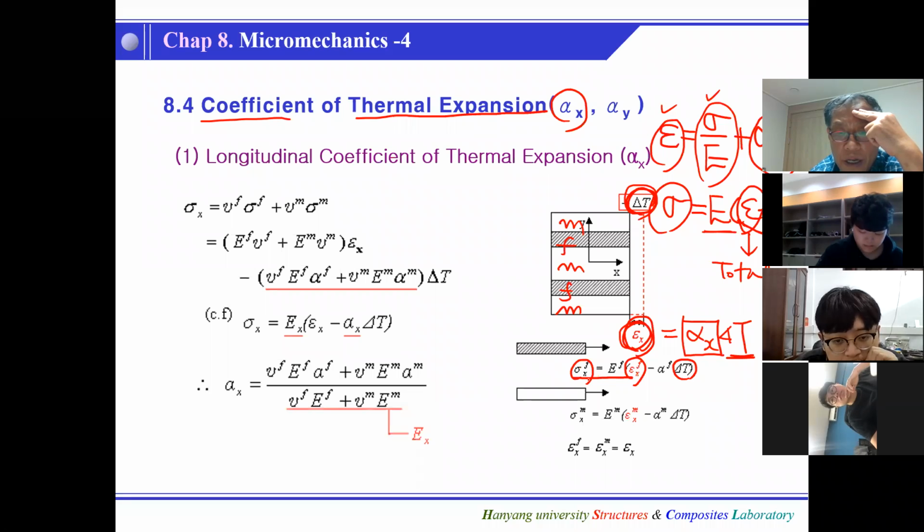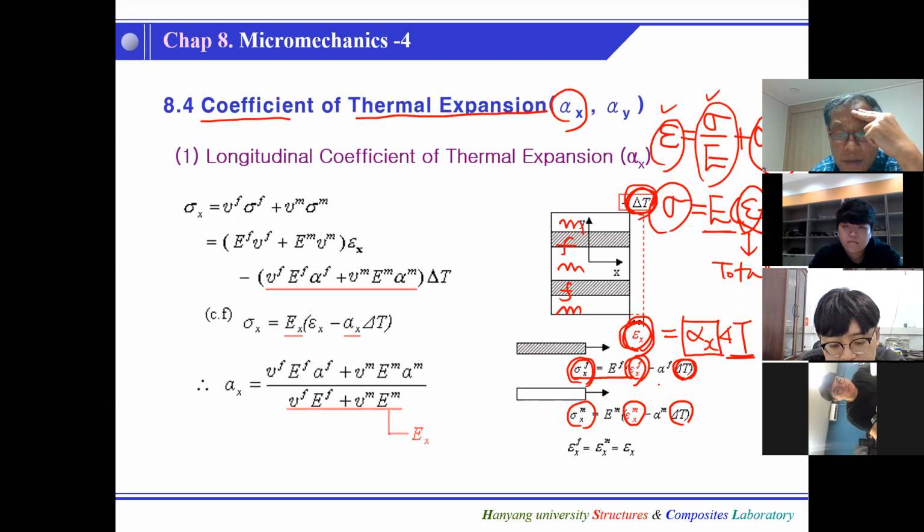Fiber has its stress, strain, and delta T, and the resin matrix also has its stress, strain, and delta T. So these are the stress-strain-temperature relations for each constituent, and as we already know, the fiber directional strains are all the same.